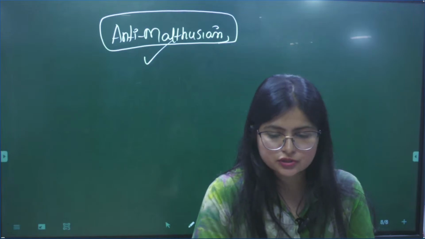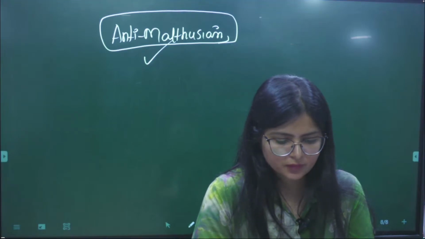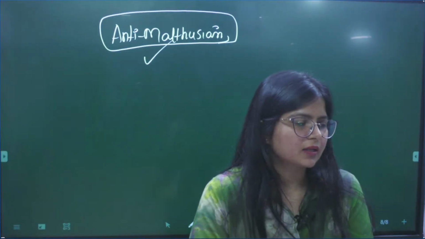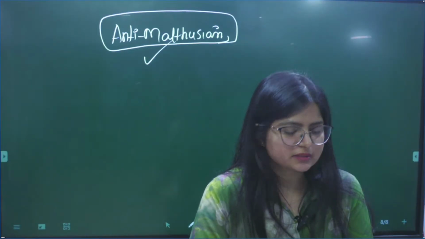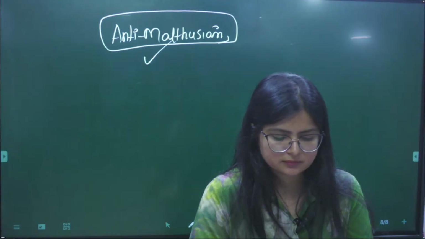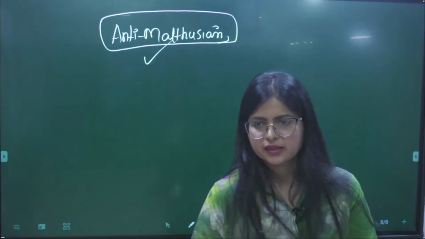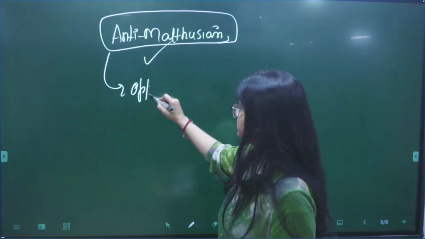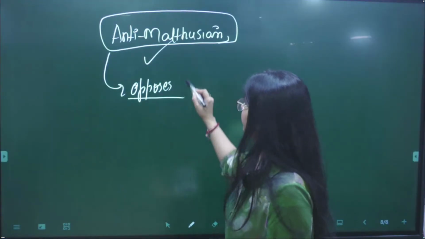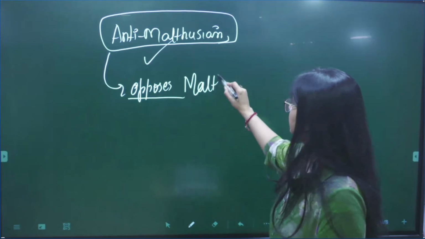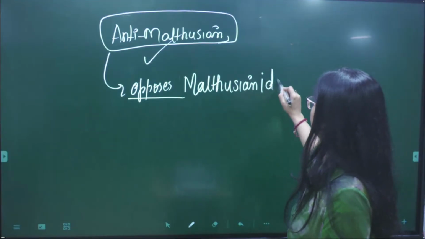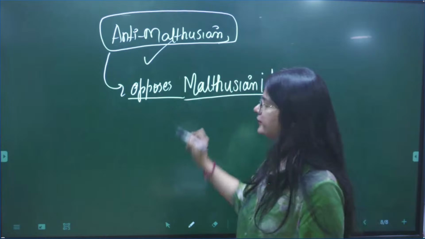Anti-Malthusianism is a doctrine that opposes Malthusian ideas. They oppose the ideas.